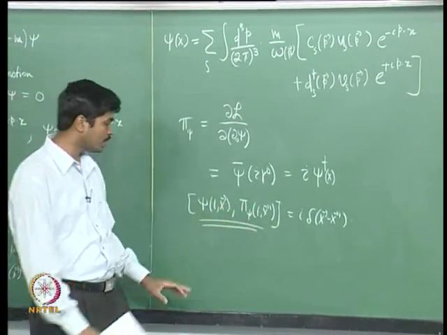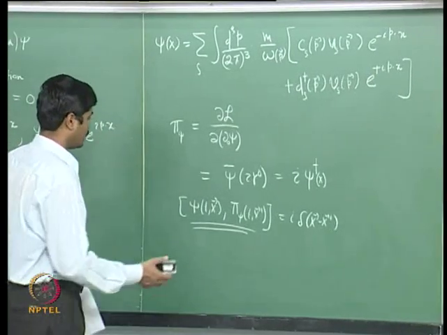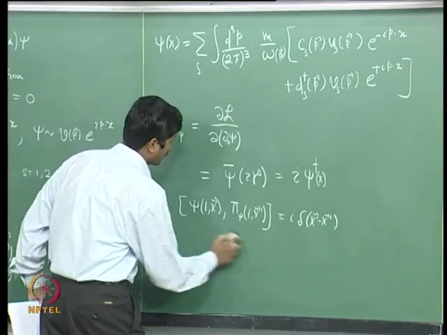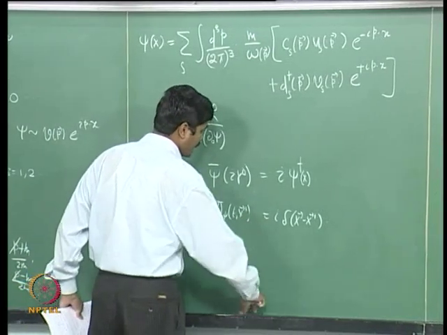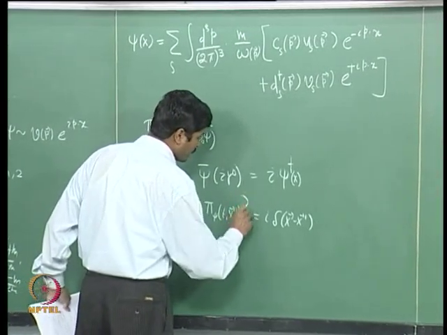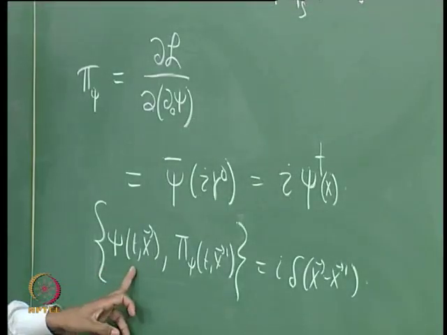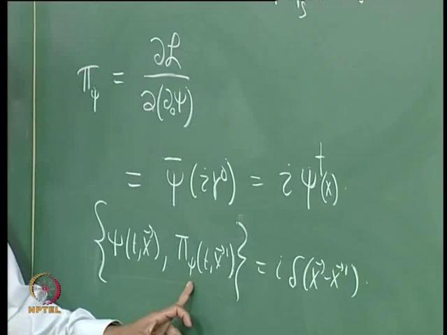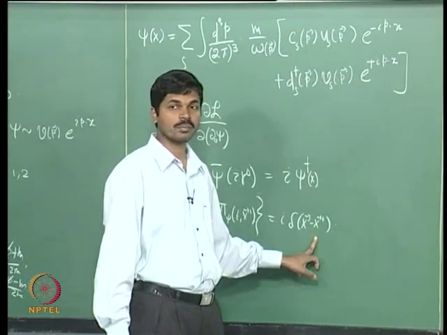What we will do is, instead of commutation relation, have an anti-commutation relation. The anti-commutator of the field and the corresponding conjugate momentum is iδ(x − x′).